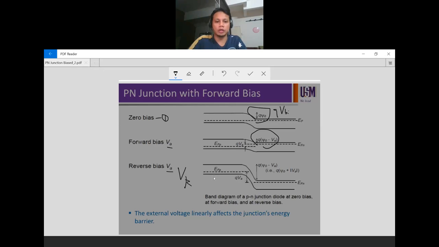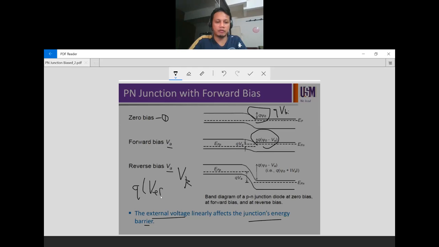So the conclusion here is that the external voltage that we apply linearly affects the junction energy barrier. It means that whatever voltage you apply is going to change the Q times the voltage.